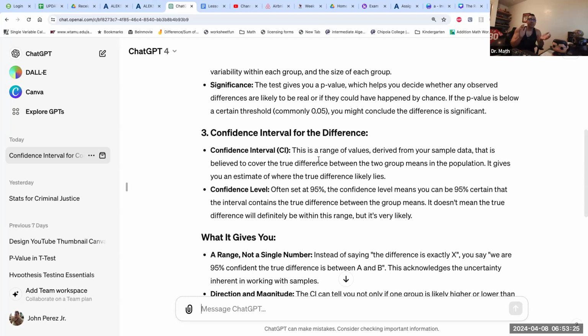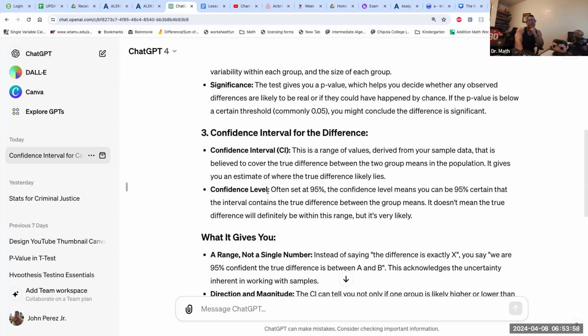So we're going to be a certain level confident, maybe 95% confident, that if we were to run this procedure 100 times, 95 of those 100 times, the true difference between the two groups' means in the population is going to fall somewhere between those two numbers. So what it does is it gives us an estimate of where the true difference lies.